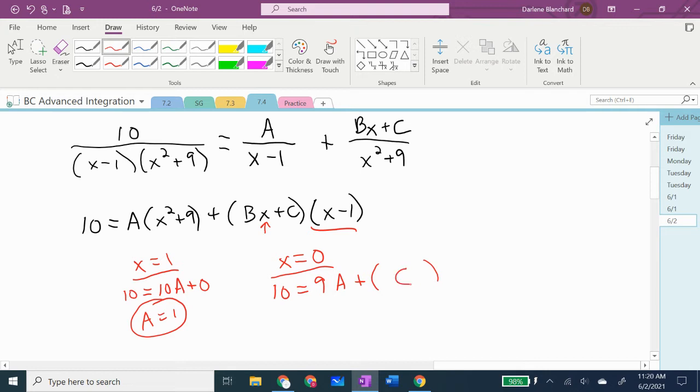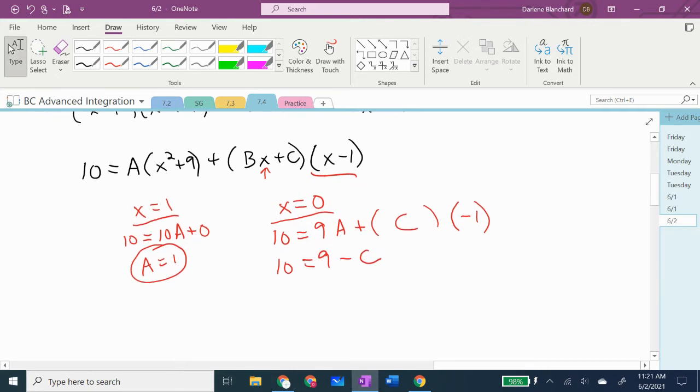I have only the C, and then 0 minus 1 is negative 1. I know that A is equal to 1, so 10 must be equal to 9 times 1 minus C. And I can see that C needs to be negative 1 to subtract from 9 to make 10.